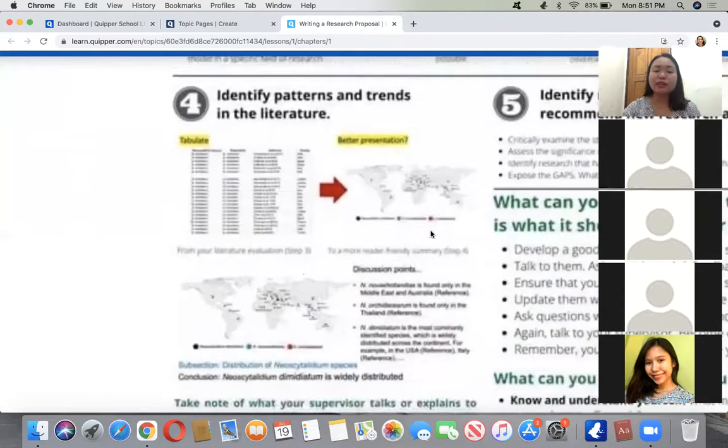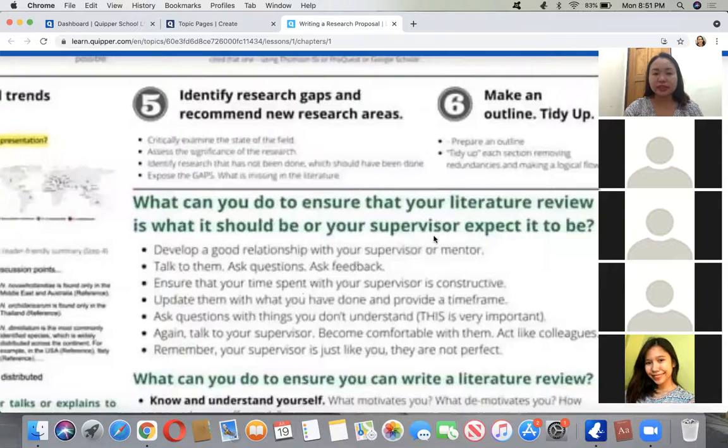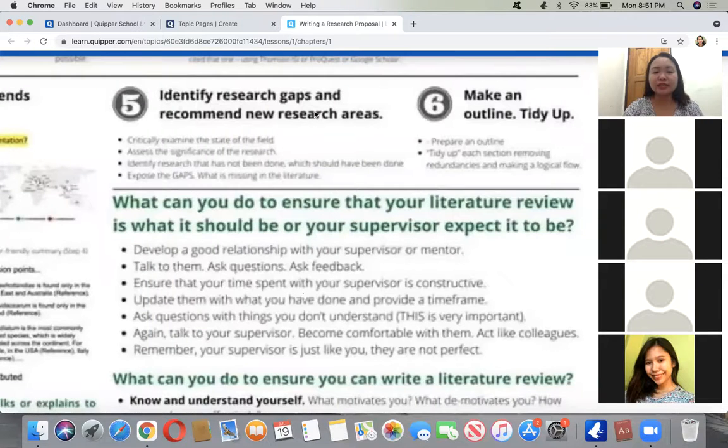And step 4, identify patterns and trends in the literature. So sometimes there are already published na mga review of literature regarding this topic, and then you will see na may mga patterns and trends, no? And you can add that to your conclusion or mga discussion points. Then identify research gaps and recommend new research areas.